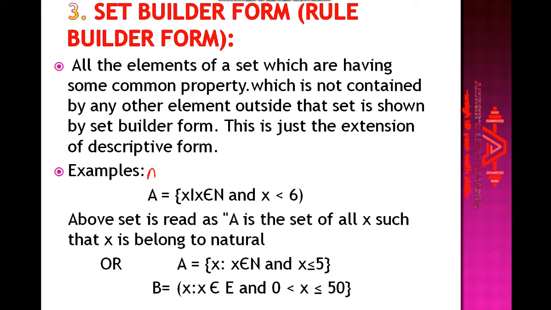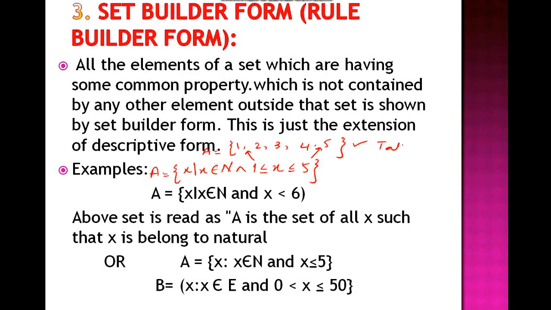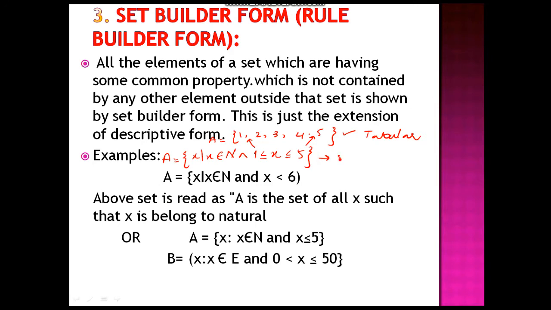So this can be written as A equals x, where x belongs to natural numbers and 1 is less than or equal to x less than or equal to 5. It means that x starts from 1 and ends at 5. So it can be written as 1, 2, 3, 4 and 5. This is tabular form and this is set builder form.